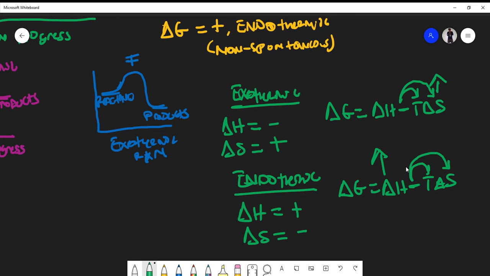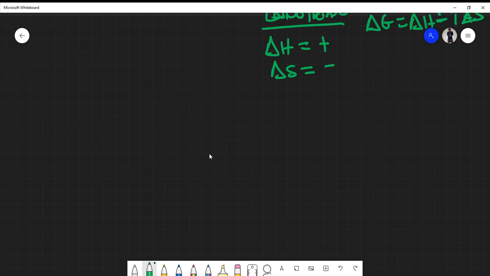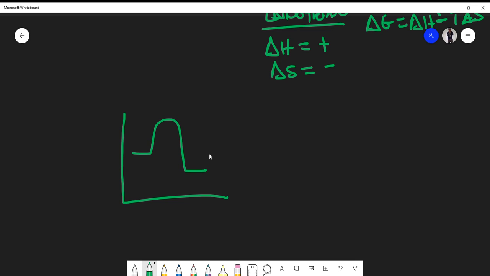We already spoke about the rate limiting step. Now the last thing I wanted to mention is that, say we have a curve, and let's say these are our products B and we have our reactants A, and by this graph you should be able to tell there's a free energy and there's a reaction progress.